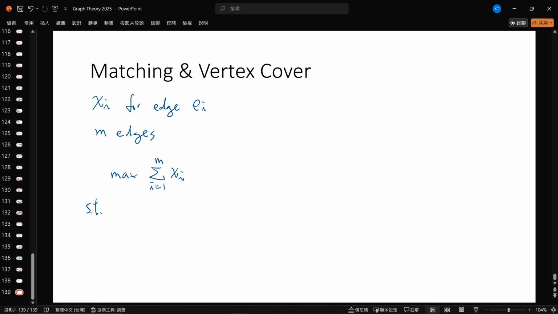So for every vertex, called Vj, in this summation we consider all the edges that are incident to Vj, and we consider all the possible vertices Vj.